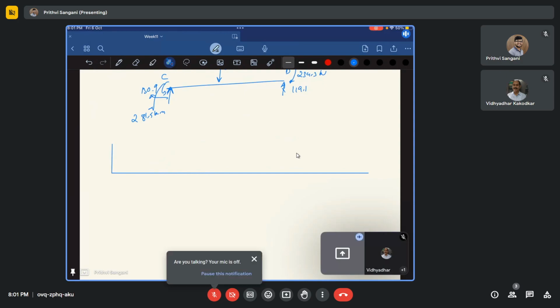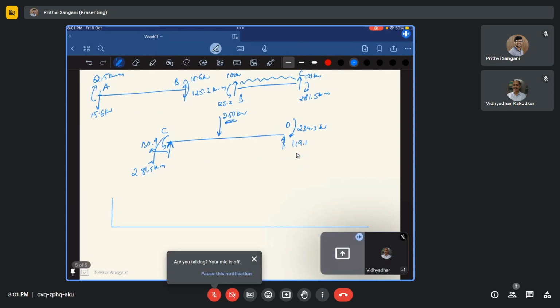Let me just draw the bending moment diagram quickly. So yeah, first one is 62.5. Let me draw it. Let me draw on the tension side. Okay. So this is going to be, yeah. So this is 62.5. All okay.